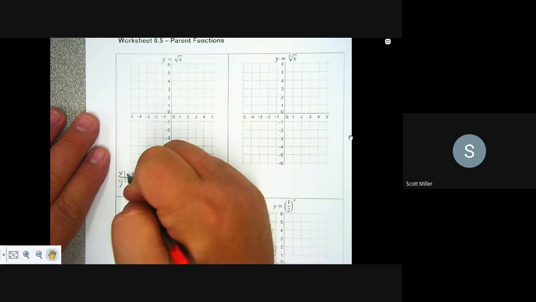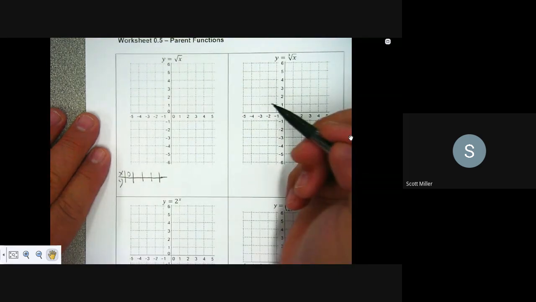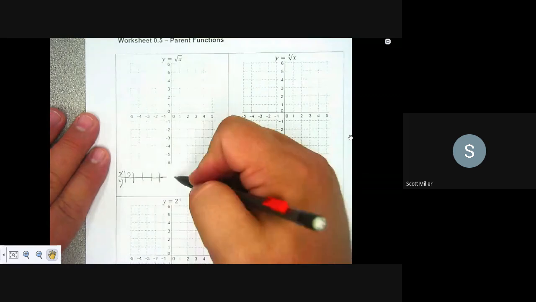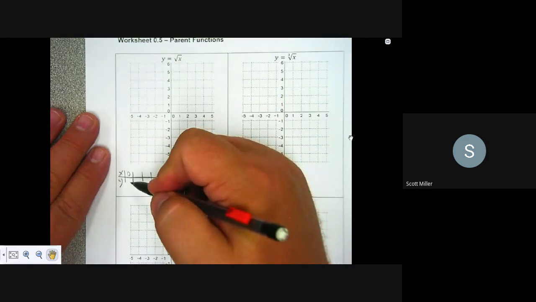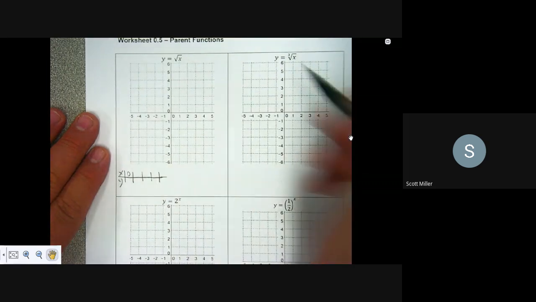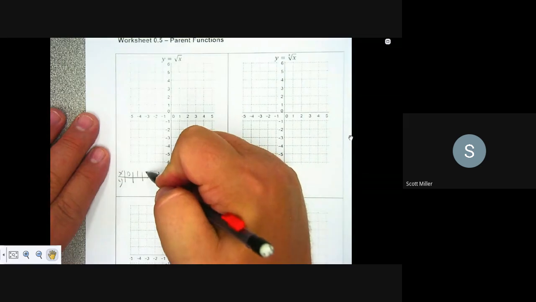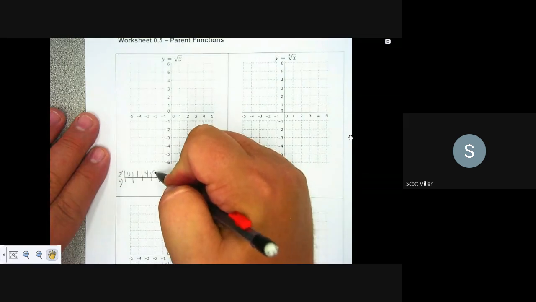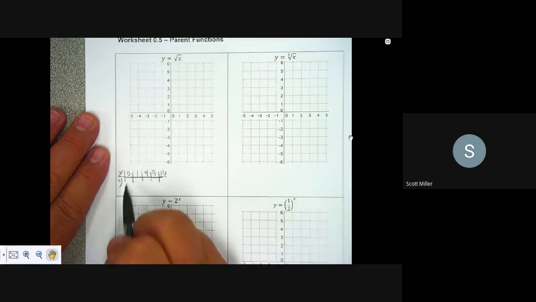This graph starts at 0. And then I can plug in any numbers I want after that. But since I have to take the square root of it, it's better for us to find the perfect squares so I can take the square root of the perfect squares. So 0, I can do the square root of 1. I can take the square root of 4 and 9 and 16. And so that's how this one works.